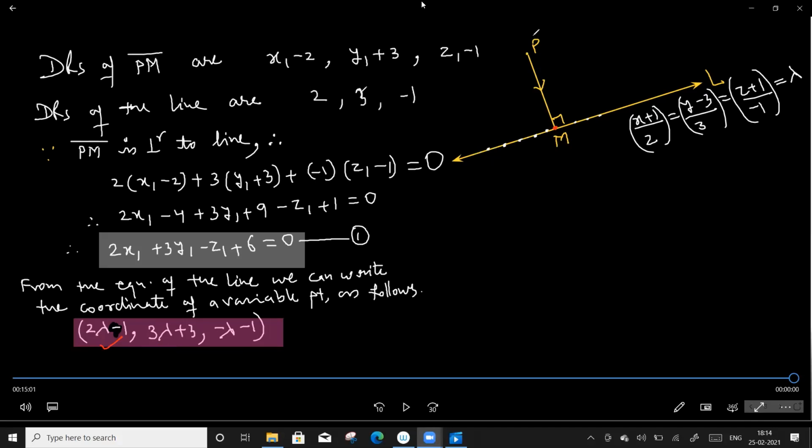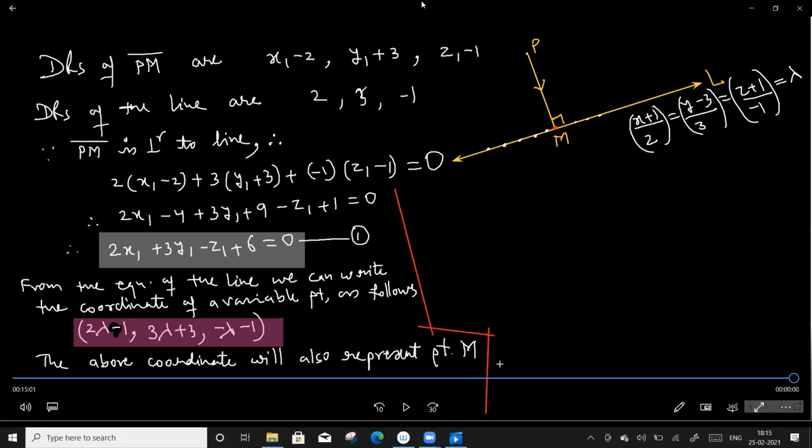You got the coordinates of a variable point on the line, and this also represents the coordinates of M. So what I will do is write here: the above coordinates will also represent point M for some specific lambda value.